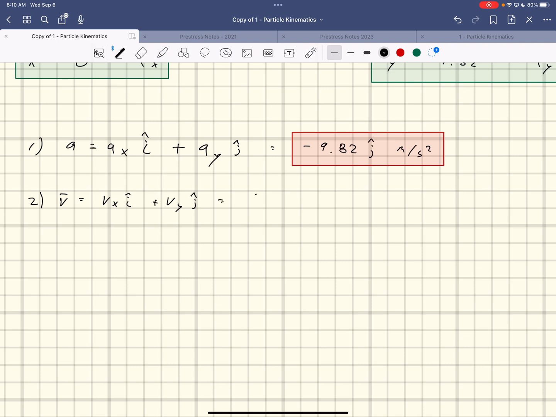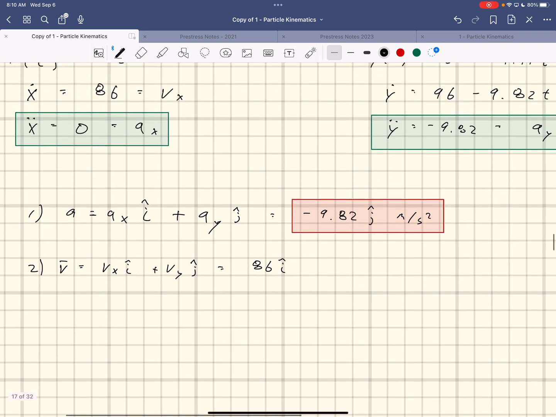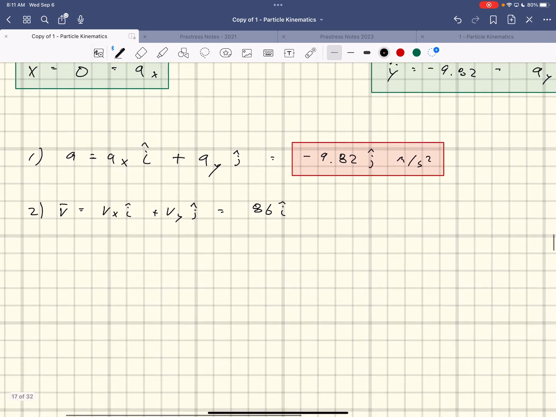This is 86 in the i. So I just go up and I see what Vx is, right? That's 86. 86 in the i plus 96 minus 9.82t in the j.